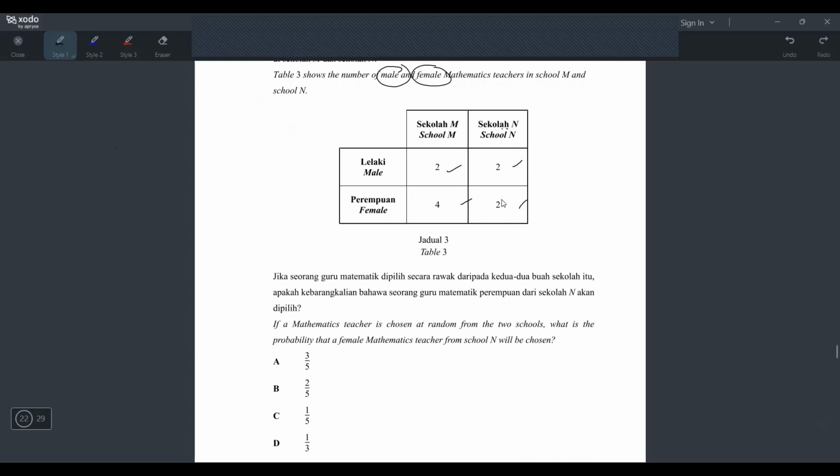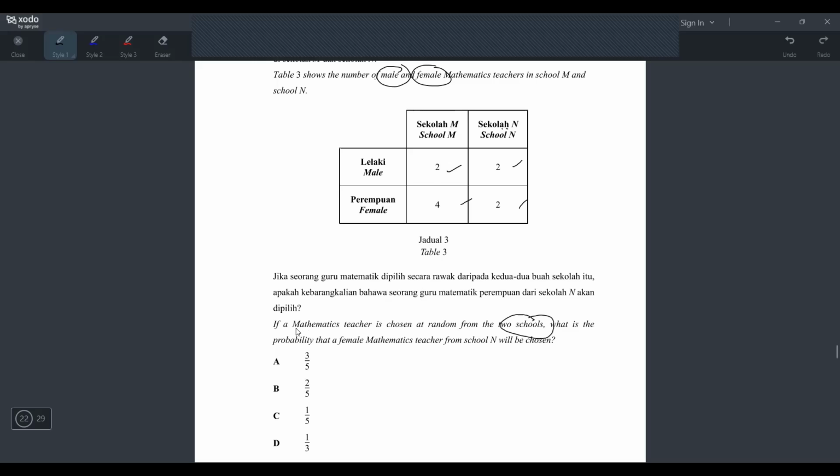School N, the number of females is 2, right? But then they say 1 is chosen at random from 2 schools. Wait, what? 1 is chosen from 2 schools. It means I'm only choosing how many? Just 1 only, right? If I choose 2, then I have to write down all the possibilities. Because if I choose 2, maybe I'll get male, female, or male, male, or female, female. But if I just choose 1, either I get male or female, right?